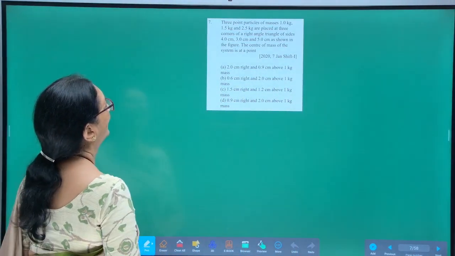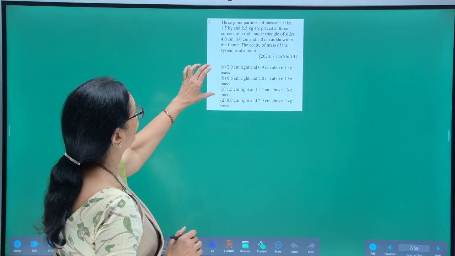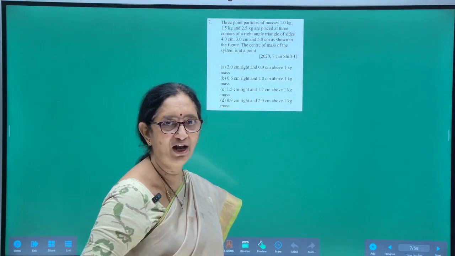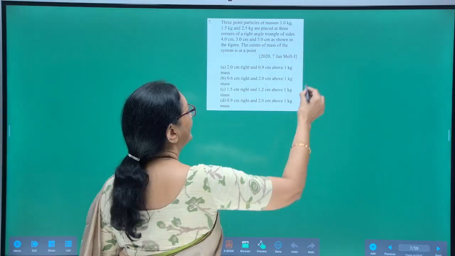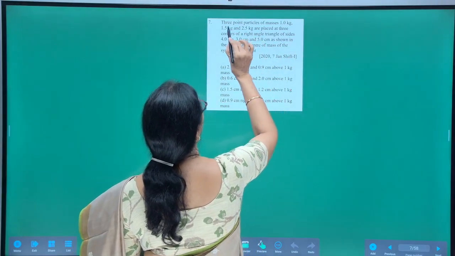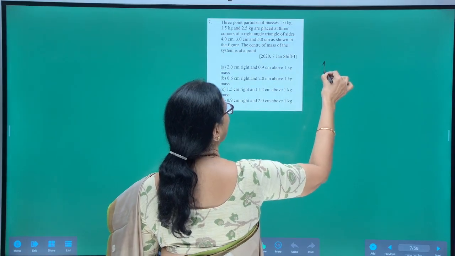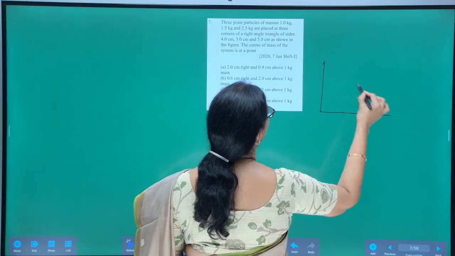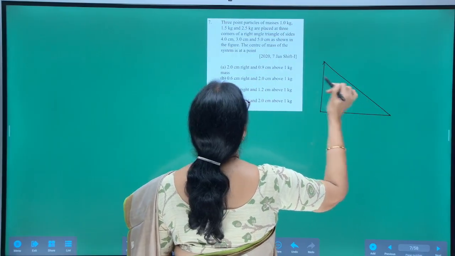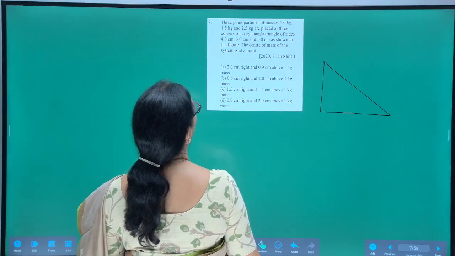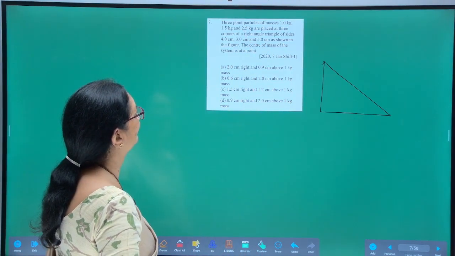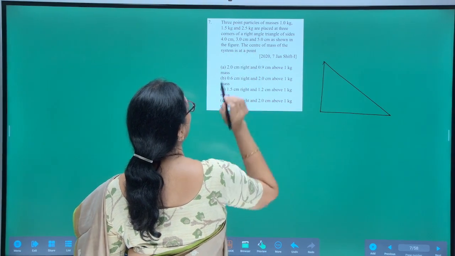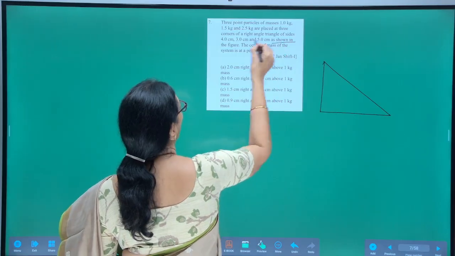Now, look here. Actually the diagram is missing in this, I forgot to paste the diagram. Actually, this is given like this. 3 point particles of masses 1 kg, 1.5 kg and 2.5 kg are placed at the 3 corners of a right angle triangle of sides 3 centimeters, 4 centimeters, 5 centimeters as shown in the figure.